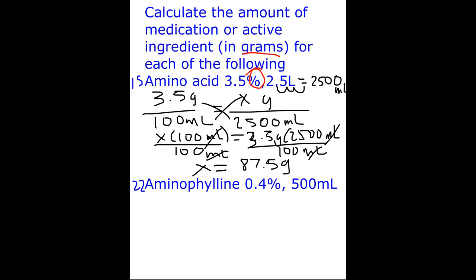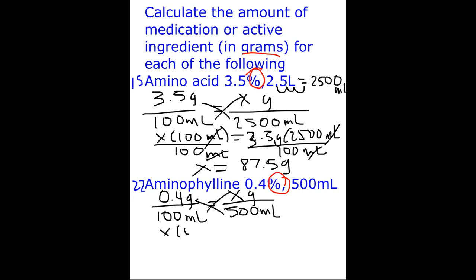So again, looking at our percentage, we're going to convert it to grams. So 0.4 grams over 100 milliliters is equal to X grams over 500 milliliters. Cross multiply.